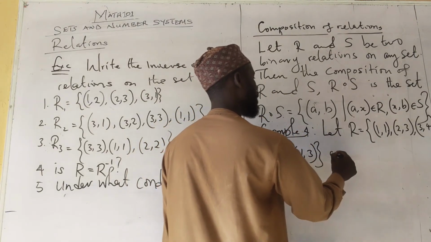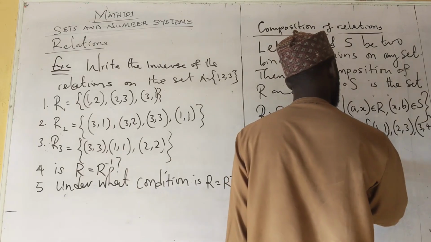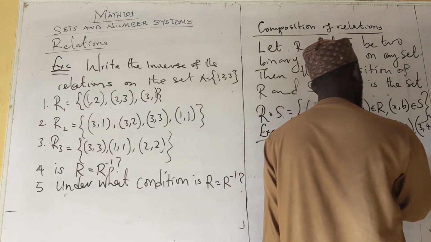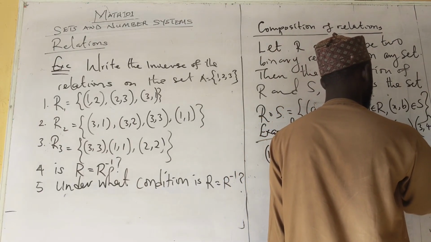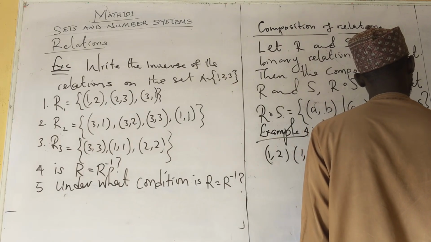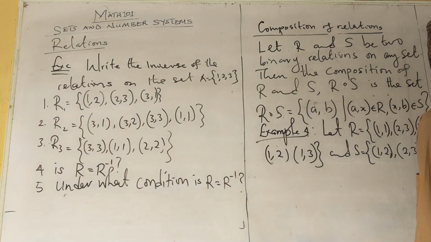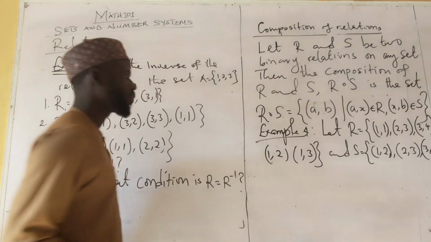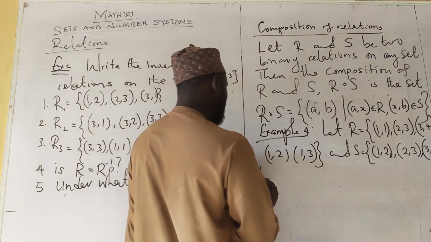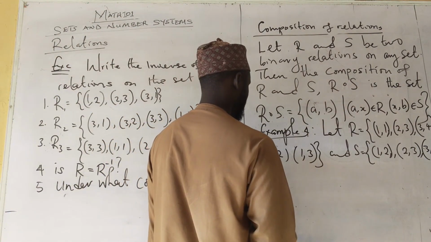This is R. And S be equal to the set of relations (1, 2), (2, 3), and (3, 4). What is R composition S?